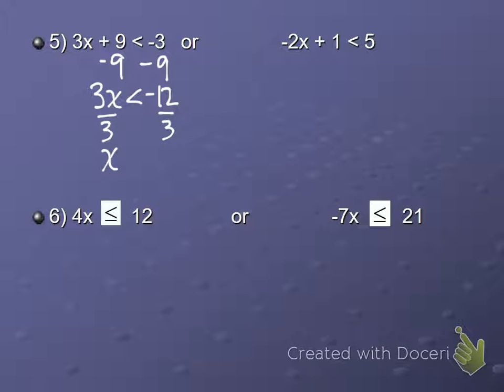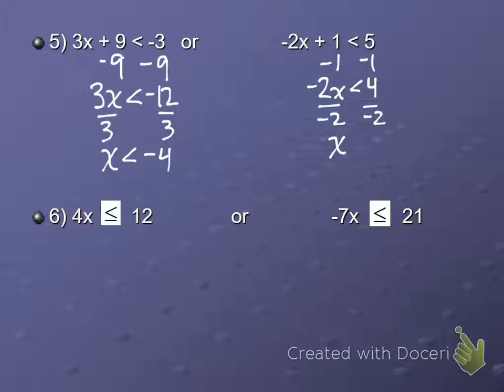Then I divide by 3 to get x is less than negative 4. On the right side inequality, I subtract 1 from both sides. I have negative 2x is less than 4. I divide both sides by negative 2.